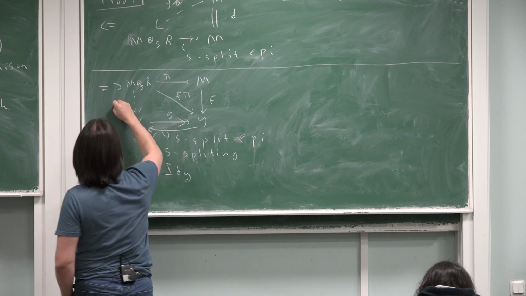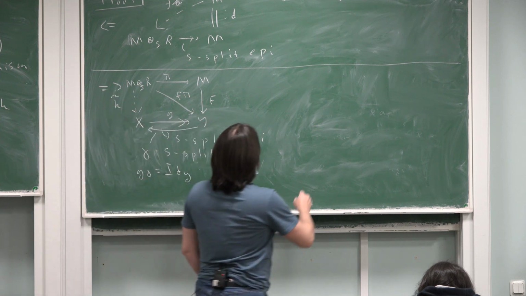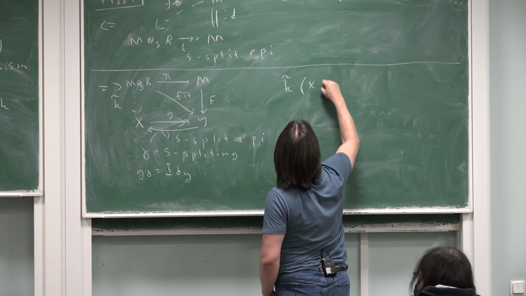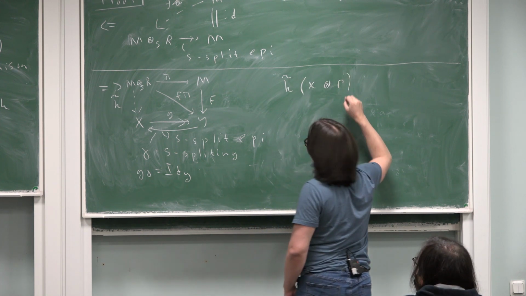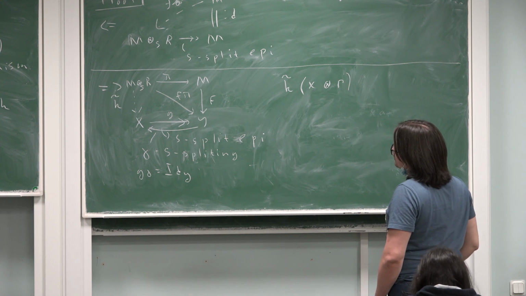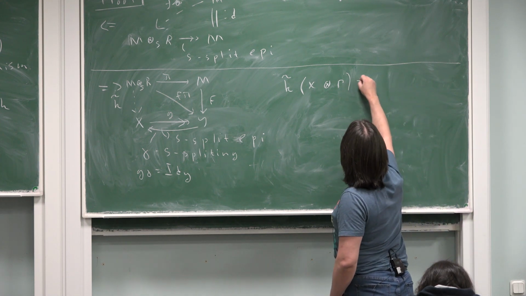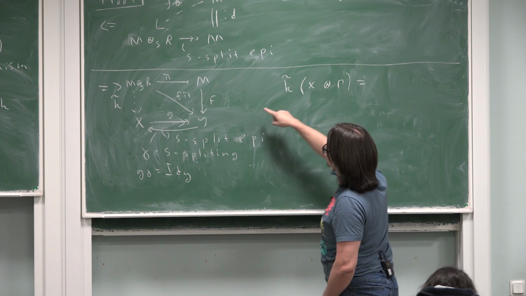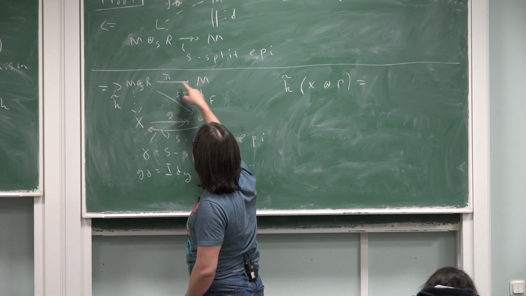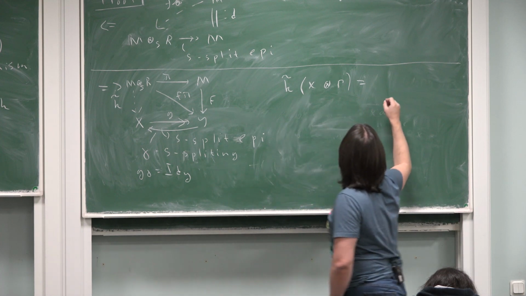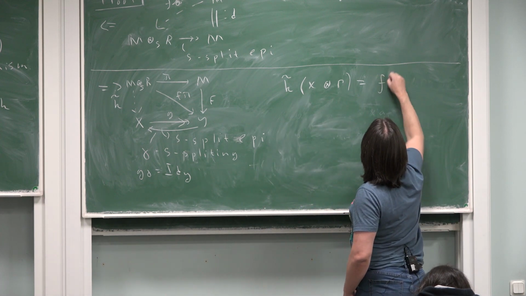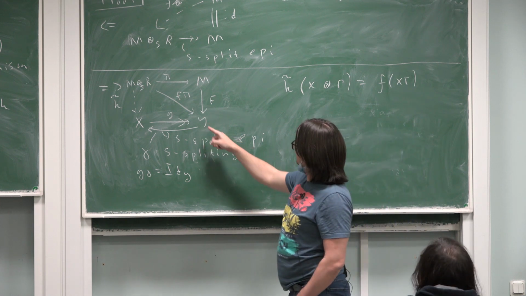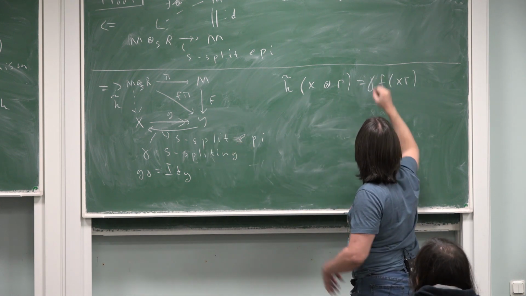Let H tilde of x tensor r be equal to: first we apply pi, then we apply f, so it is f of xr, and then we apply gamma.